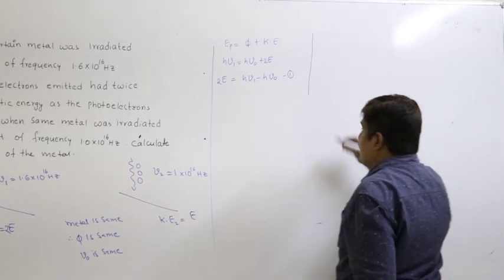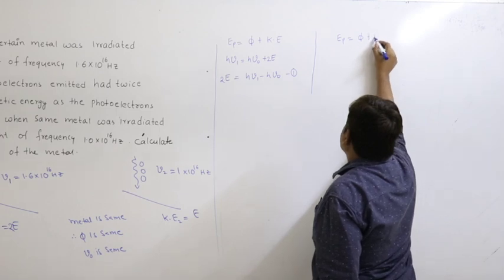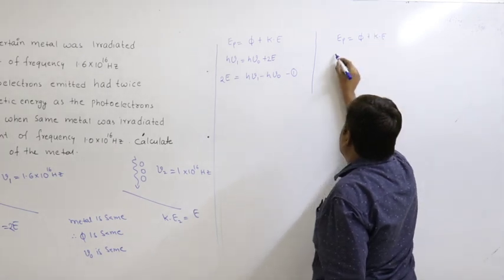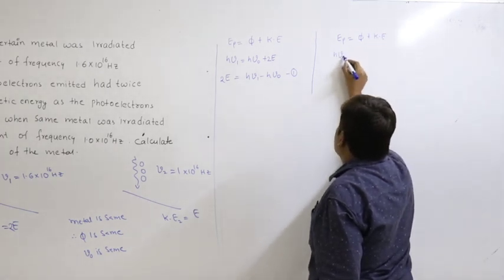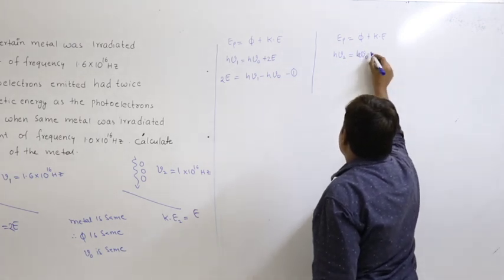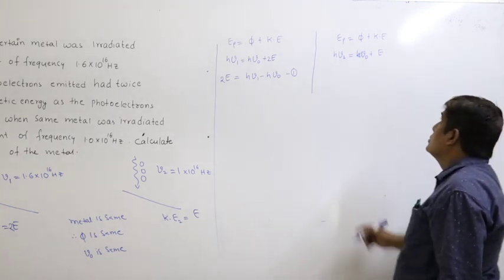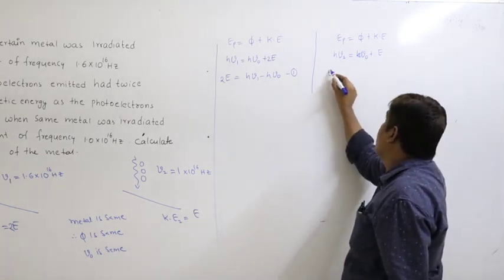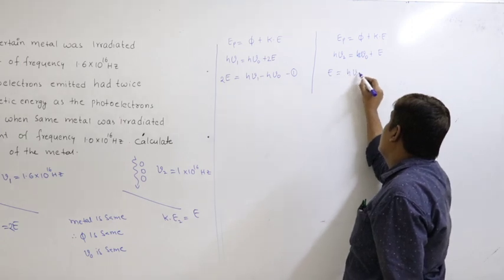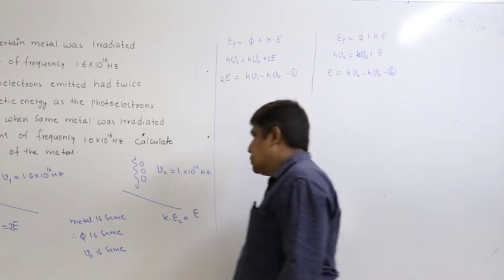In the second case, energy of photon equals work function plus kinetic energy. Energy of photon is h nu 2, work function is h nu naught because the metal is same, kinetic energy we assumed as E. So E equals h times nu 2 minus nu naught. Let us call this equation 2.